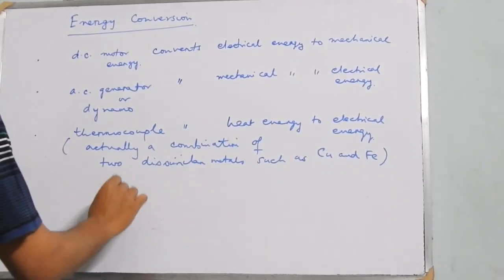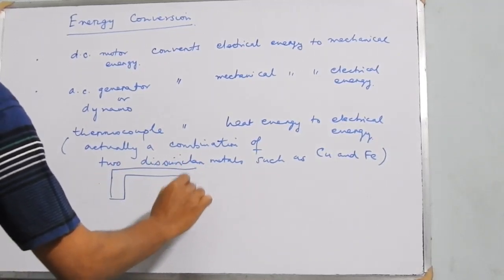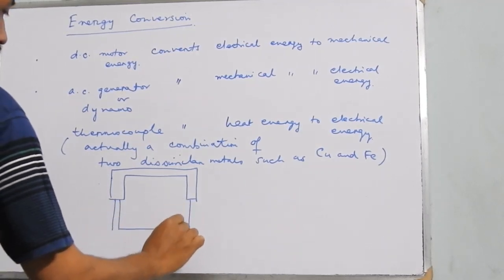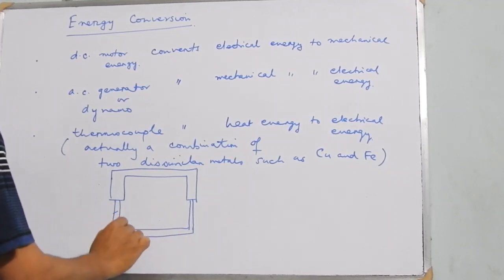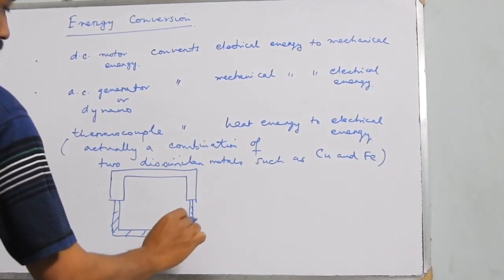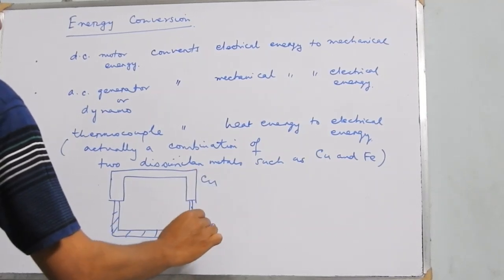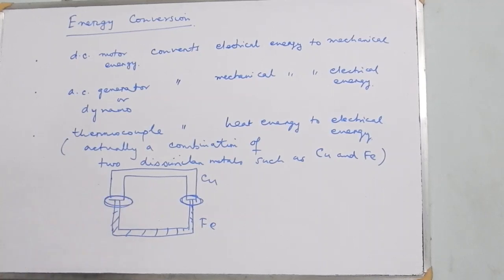Suppose this is a copper metallic bar and this is an iron bar. Then we will get two junctions of copper and iron.